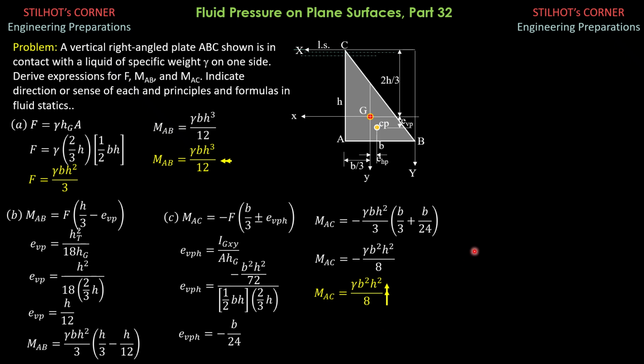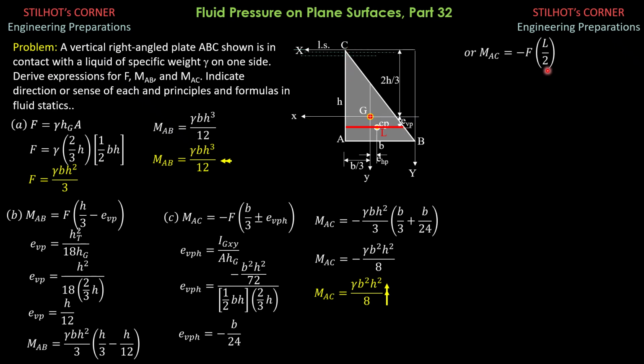So another way is we draw a horizontal line through center of pressure. Because the pressure here is uniform, the force acts at the center of pressure, and its distance from vertical line AC is half of L. Now to solve for L by similar triangles, it is L is to 2/3 of H plus EVP.